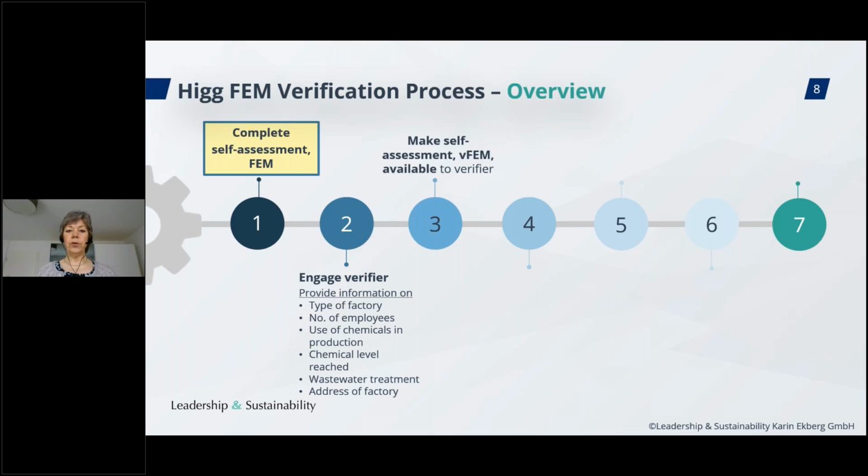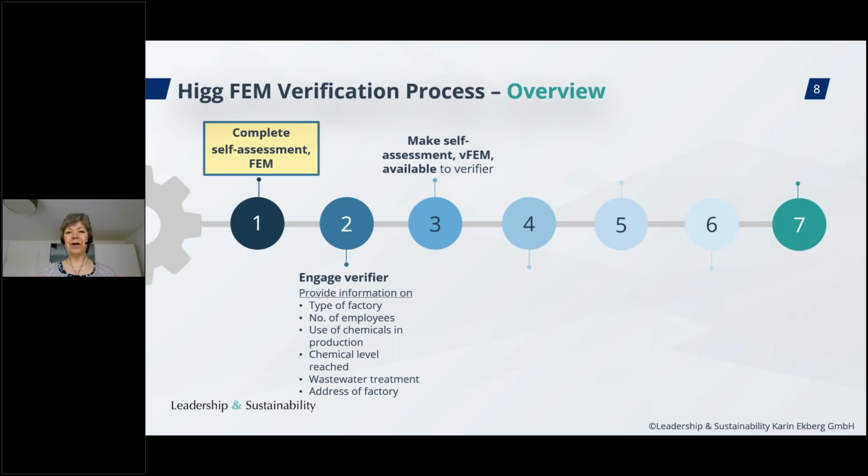Then you make your self-assessment via the VFEM available to the verifier. This is also a call out for you: you have to have both modules if you want to get verified. You need the FEM for the self-assessment, and you need the VFEM for the verification. So please make sure that you have bought both of them if you would like to go through the verification.